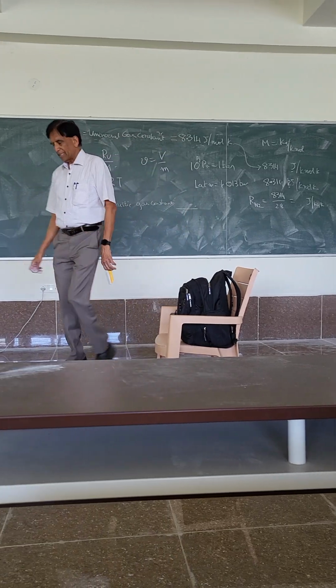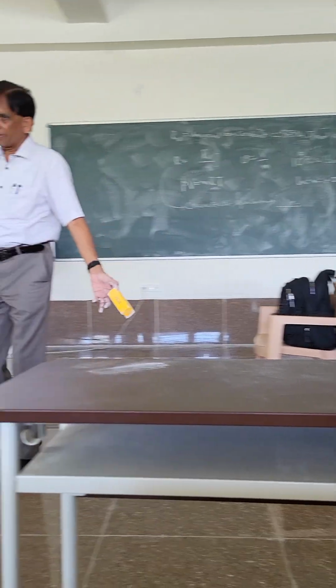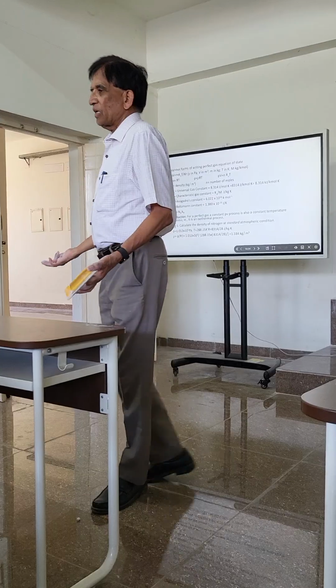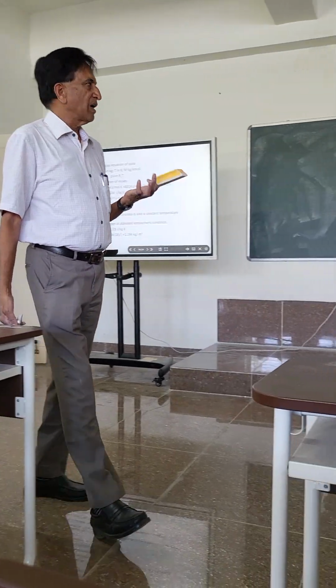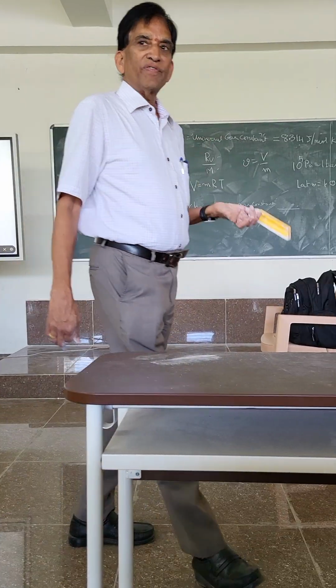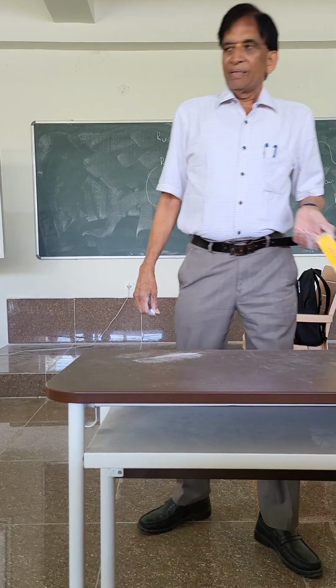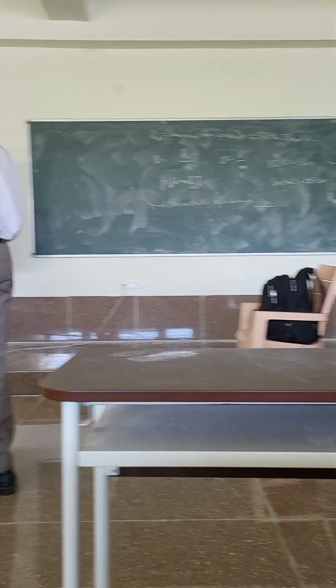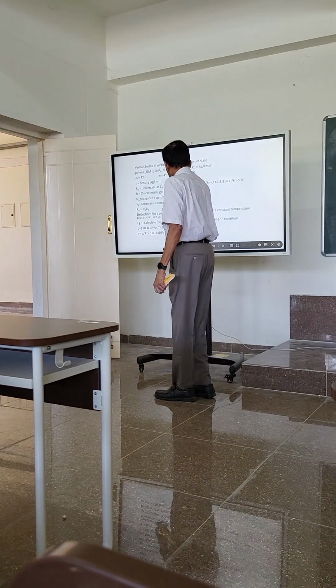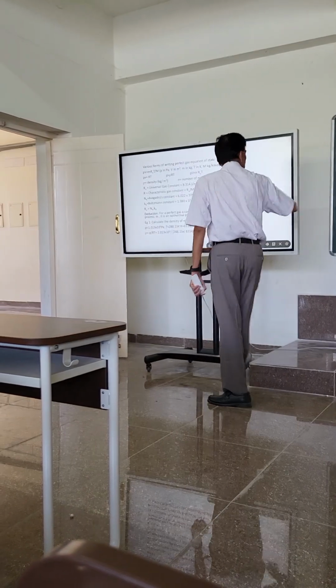You can find out how much that number is. For oxygen, it will be 8314 divided by 32. For argon, 8314 by 40, for carbon dioxide, 8314 by 44, and so on.